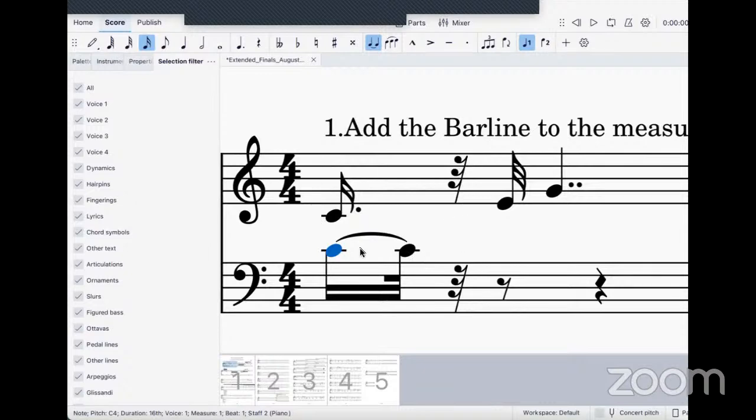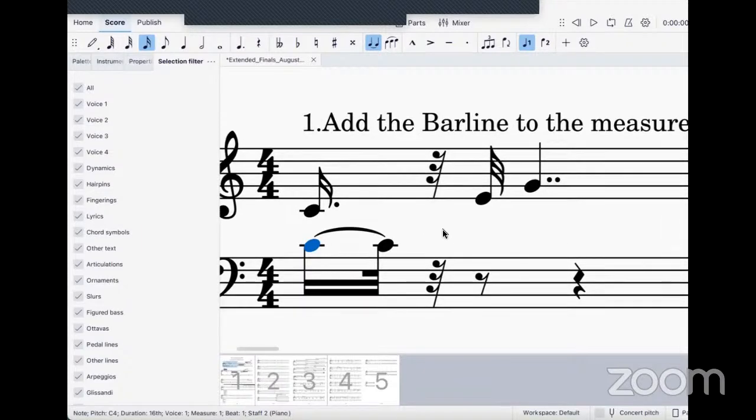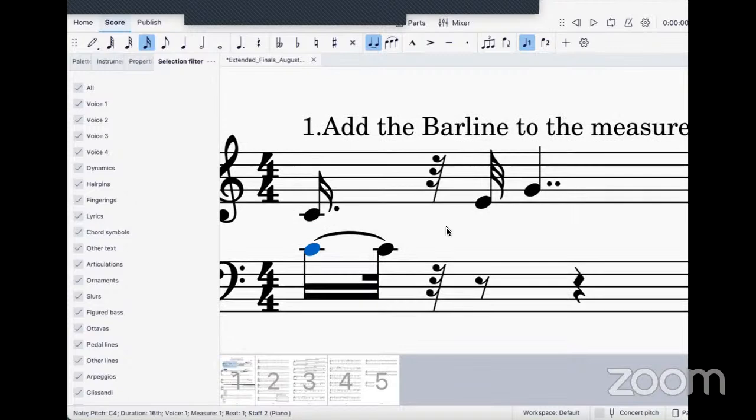So here we have one quarter note. One quarter note is equal to 2 eighth notes, is equal to 4 16th notes, 8 32nd notes. So 1, 2, 3, 4, 5.